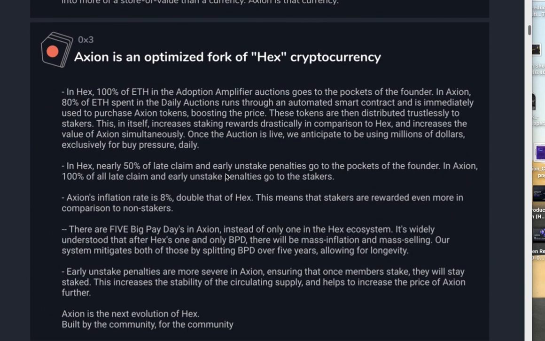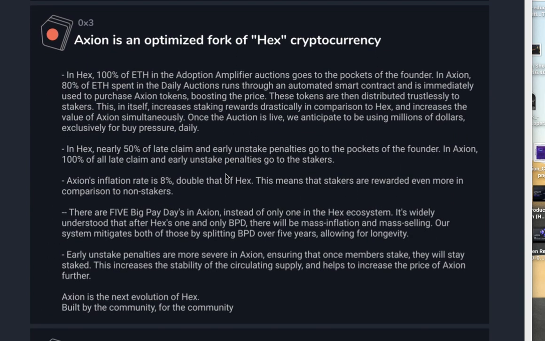So Axion is an optimized fork of Hex cryptocurrency. If you're not familiar with Hex, Hex launched in November last year and has been extremely successful. Now it's worth $1.1 billion. And that is structured differently to Axion, but Axion has taken that and added features which it feels will benefit the stakeholders more.